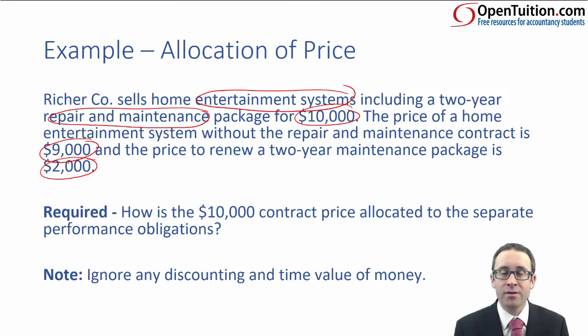The 2,000 relates to the repair and maintenance package, so 2/11 of the 10,000 goes to the repair and maintenance contract. It's common sense ultimately, and it's a pretty logical method of allocating things out.